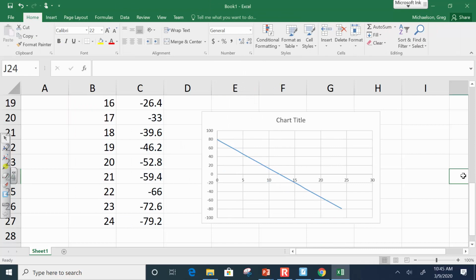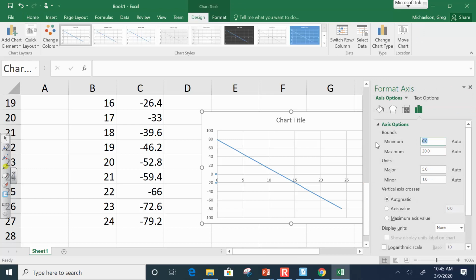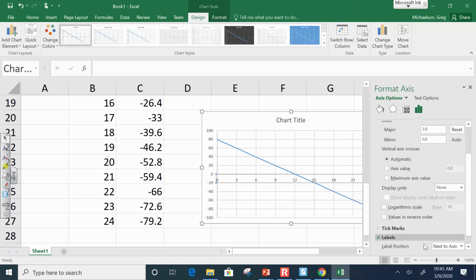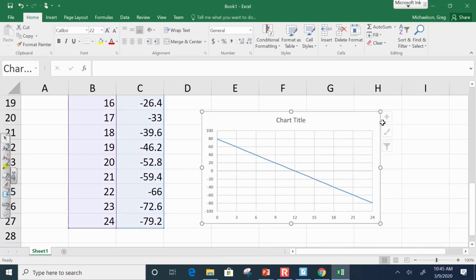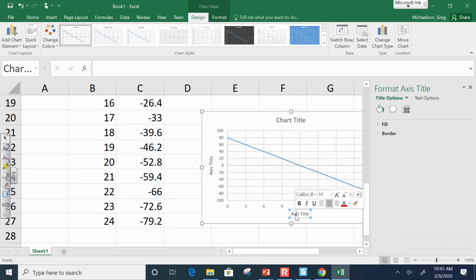That looks like a shear diagram? Looks like one to me, right? Remember, you can get a little fancy with it. You can say that needs to go from 0 to 24. Show the labels at the bottom. You know what I'm talking about, right?